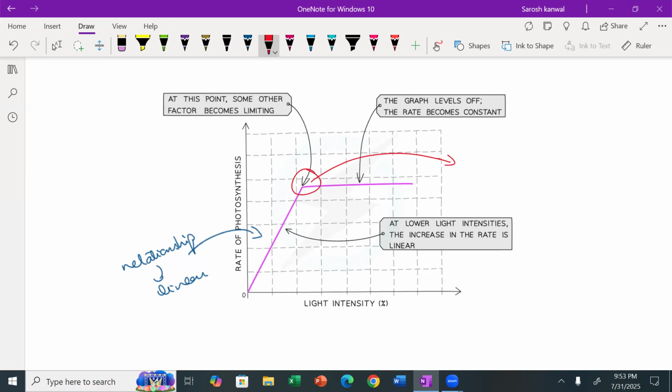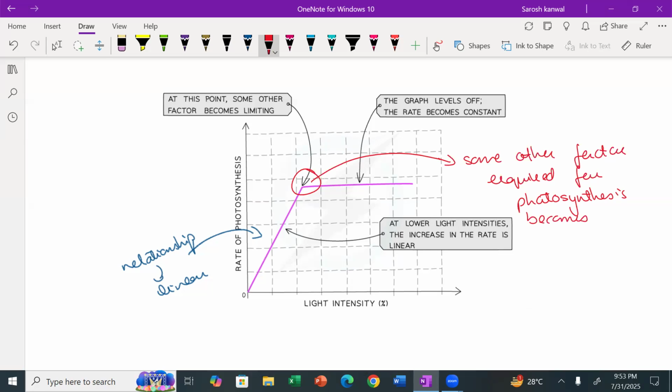We can say some other factor that is required for photosynthesis becomes the limiting factor here.